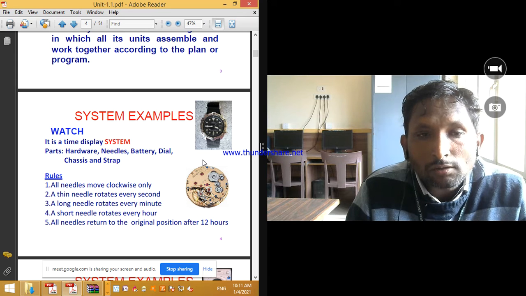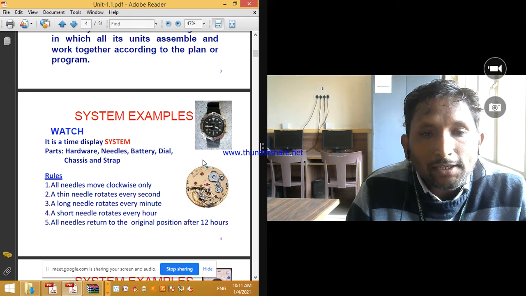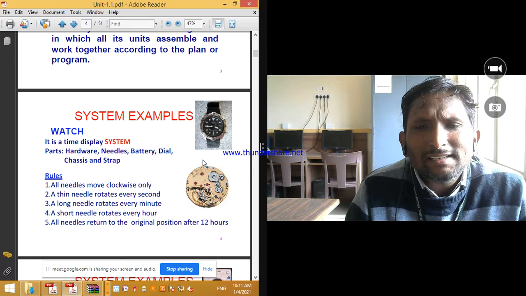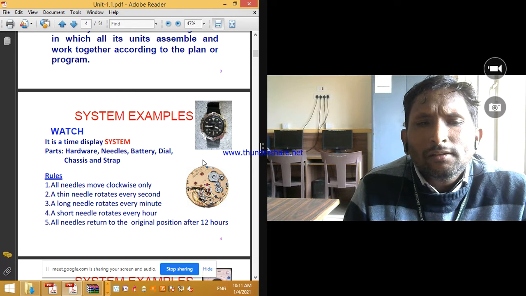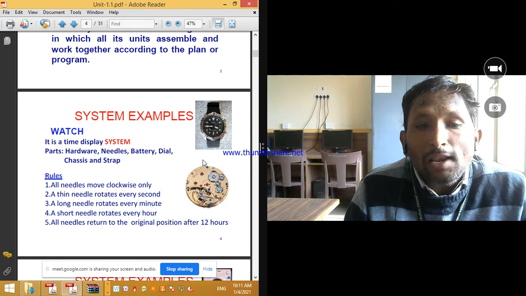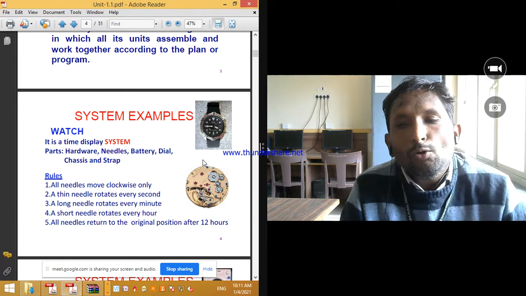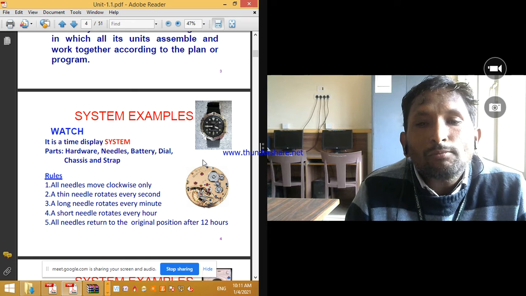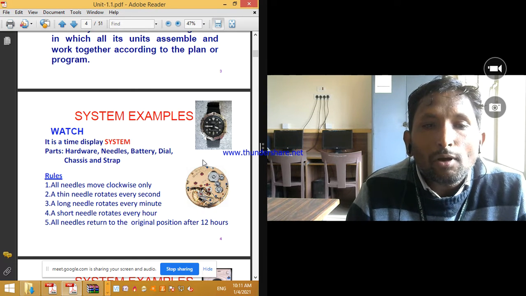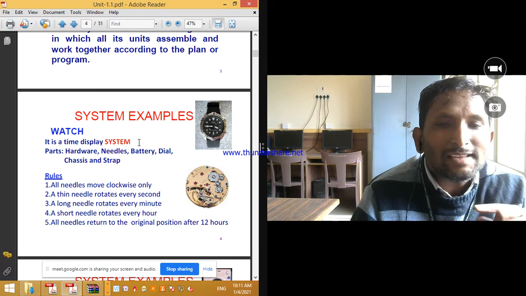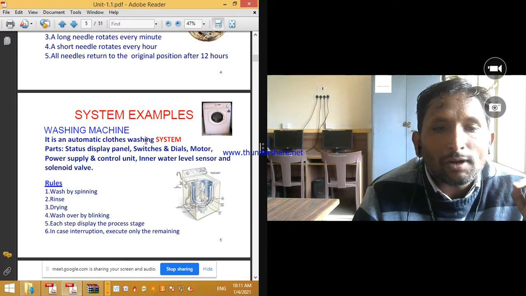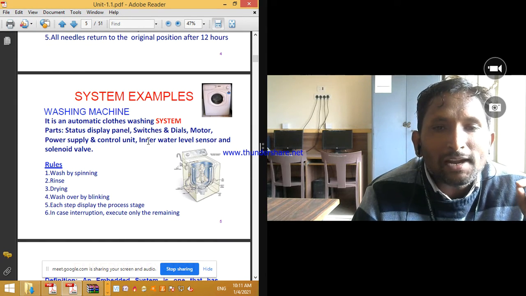We have to focus on its needle, battery, dial, chassis. And the rule is that all needles move clockwise only. These are the rules given here. If you want to create an example of a watch, this example matches our embedded system.